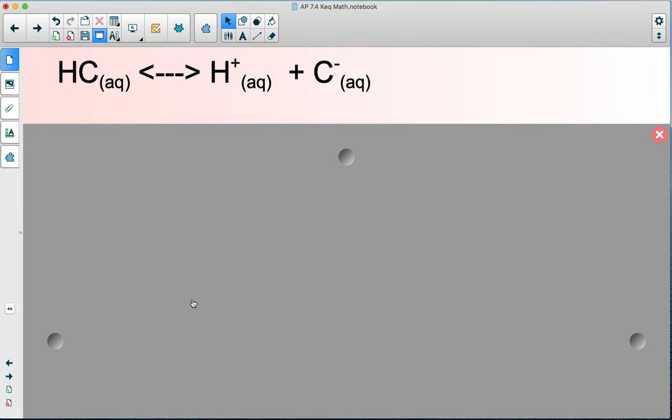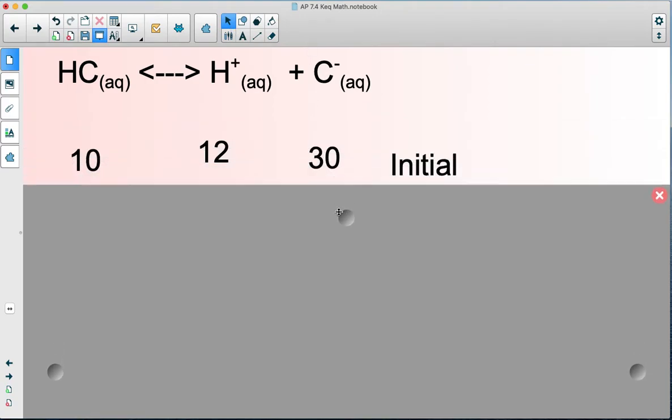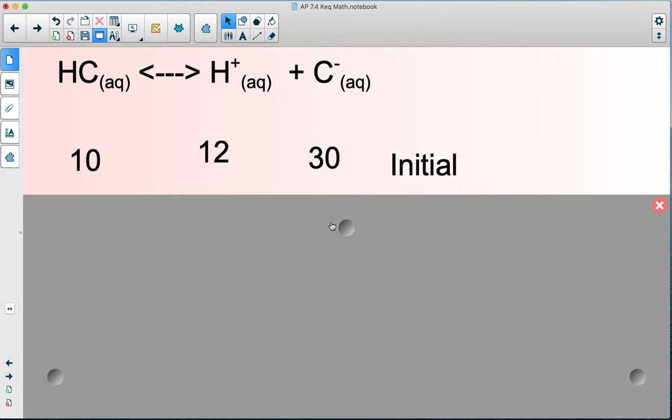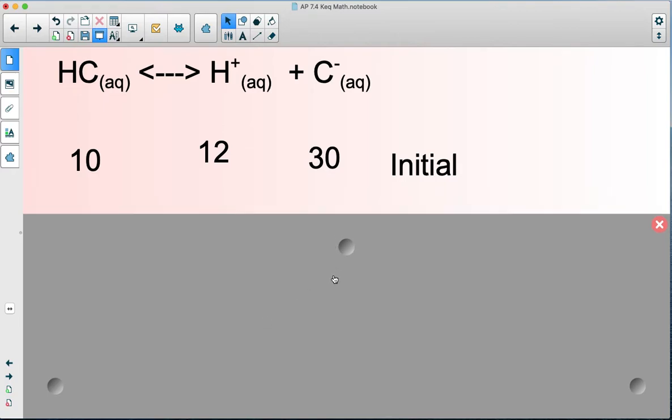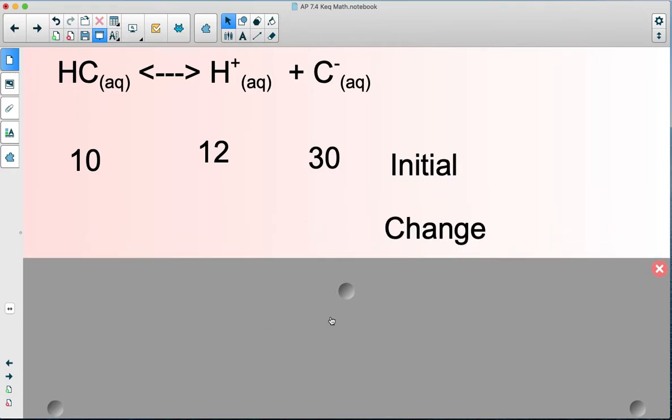All right, got a new problem here. Giving you just coefficients of 1, so you know it's not going to be too bad. Initial conditions, write this stuff down. Nothing in the change row. Dun, dun, dun.